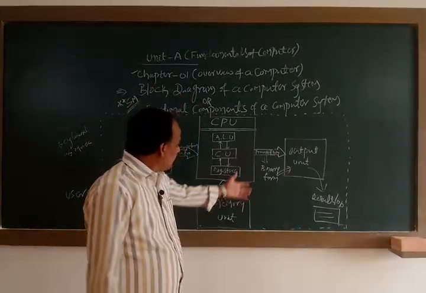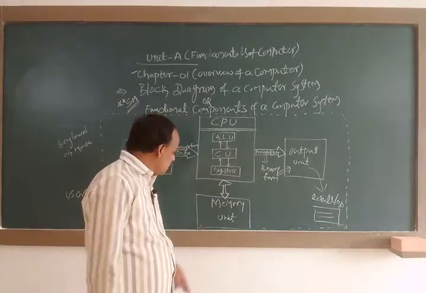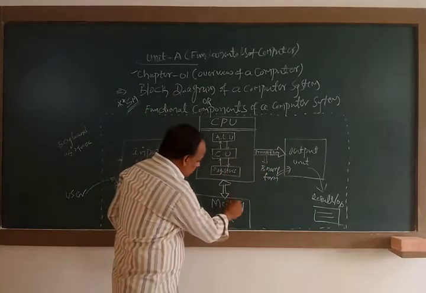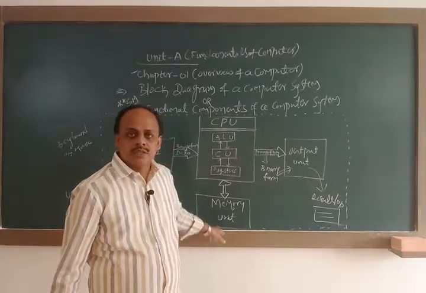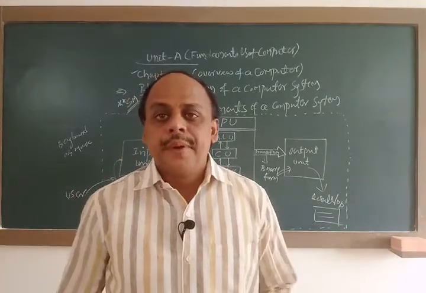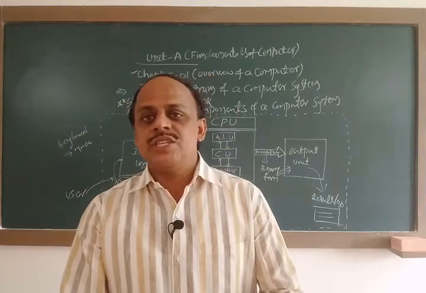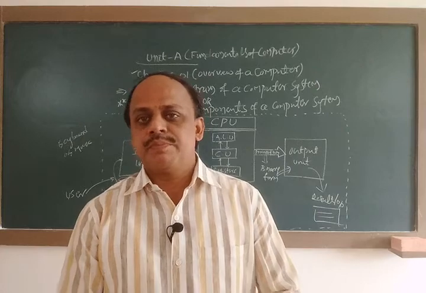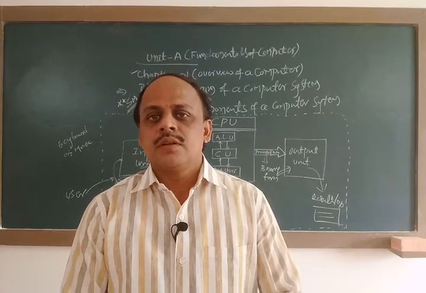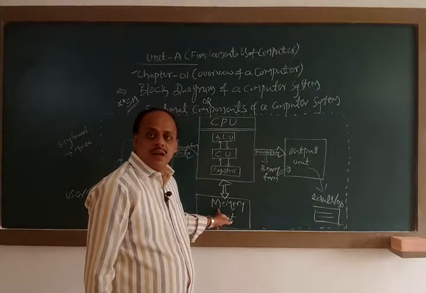Suppose the result has to be stored for future purpose, that is going to be stored in the memory unit. So the memory unit is nothing but a place where the user is going to store information for future purpose, right?